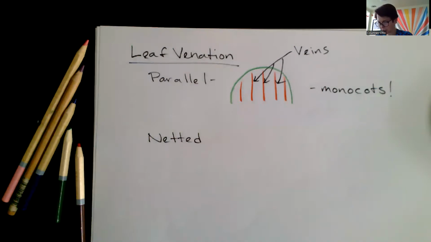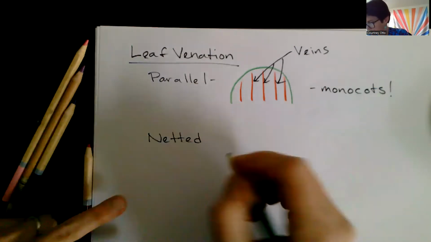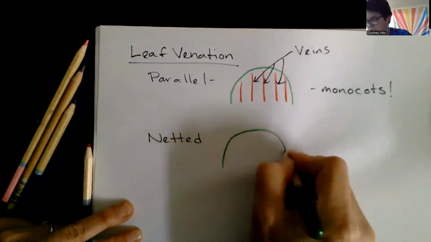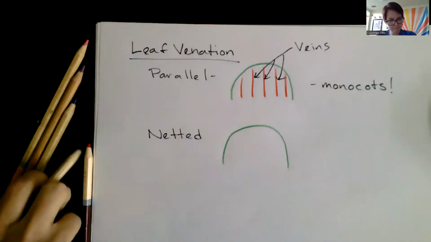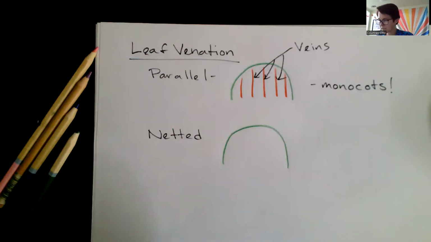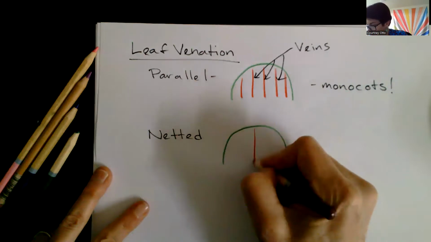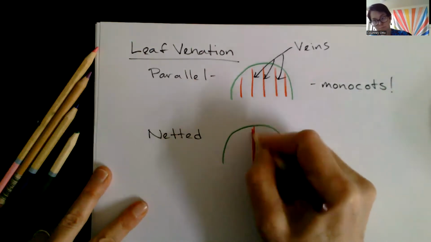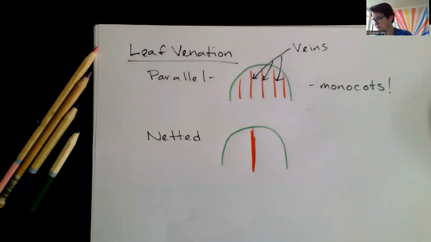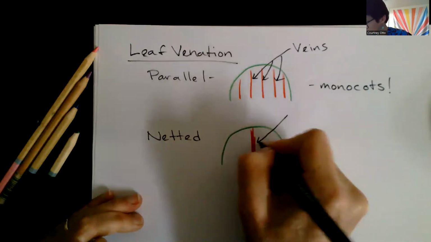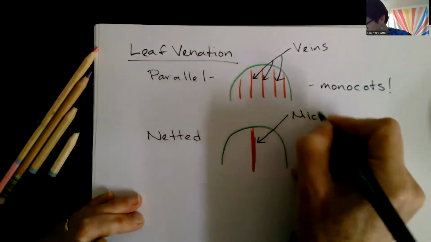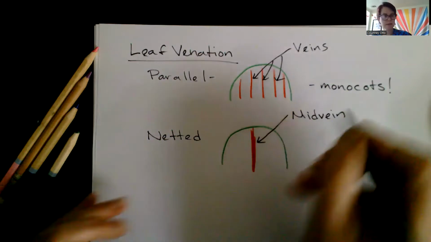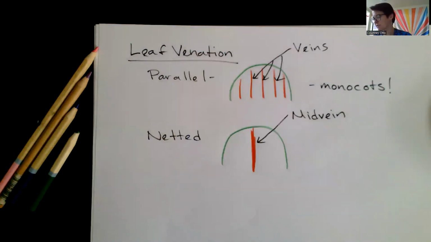And we'll illustrate this one too. Let's draw just a little section of the blade here. What we're going to see in netted venation is that there's one large vein. You've seen this in the world. We call the midvein. And then the other veins are going to branch off of that.